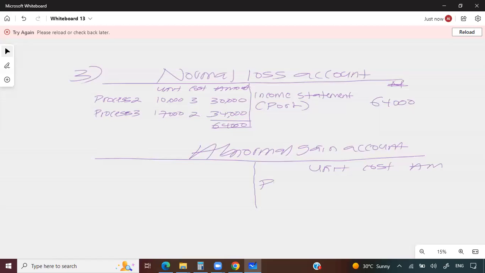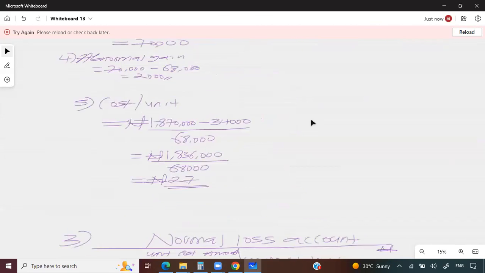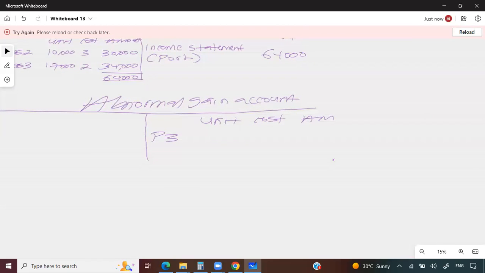From Process 3, the value is 2 and 27. 2 in terms of the unit, and 27, and this is 54.